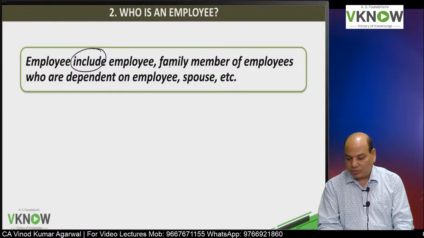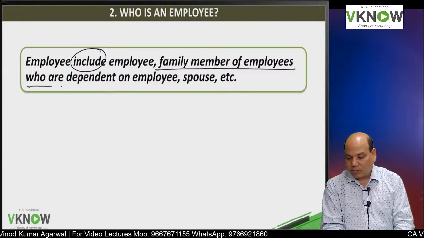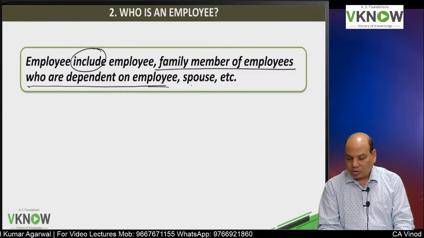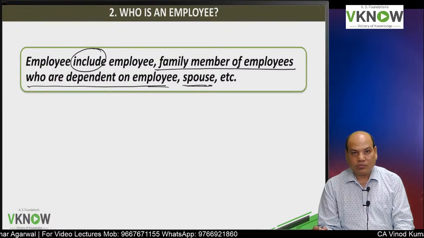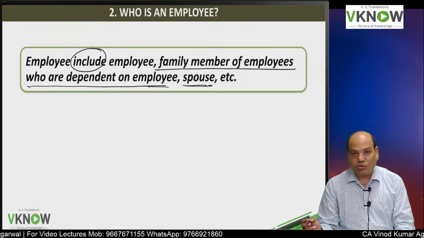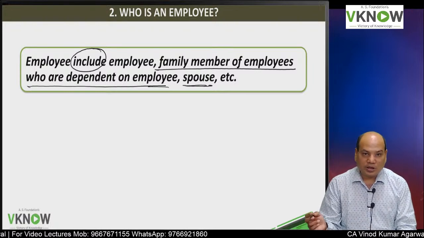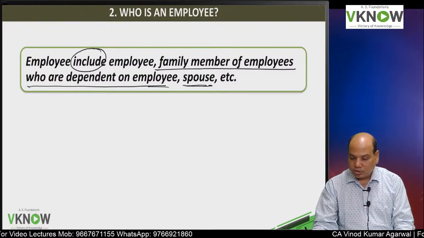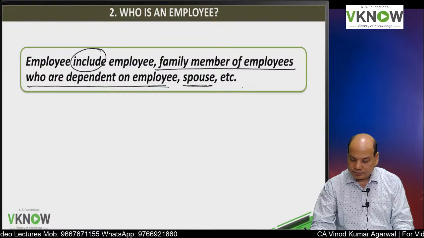So employee includes family members of the employee who are dependent on the employee, and spouse. Why will family member and spouse come under the definition of employee? Because under some plans there is a concept of family pension.